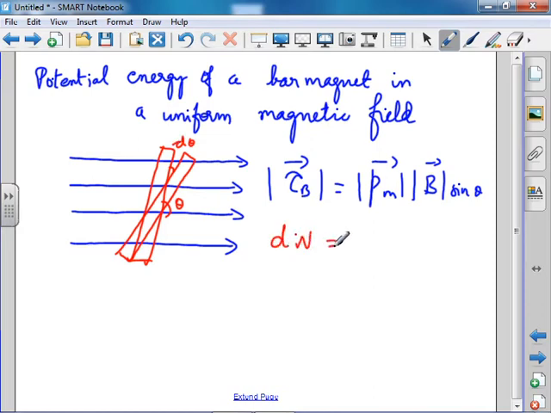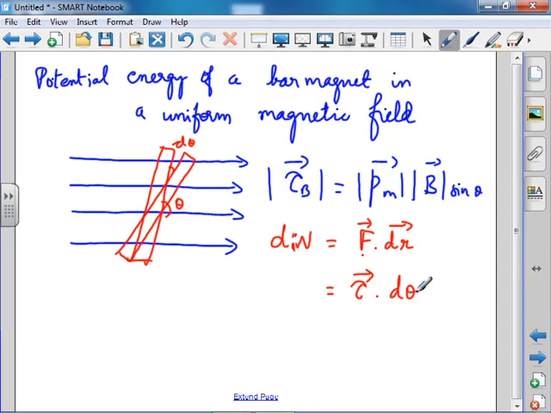In linear motion we have studied that a small amount of work done is equal to F dot dr. It is a dot product of two vectors, so work done is a scalar. Here F is replaced by its rotational analog, torque, and the linear displacement is replaced by angular displacement d theta.